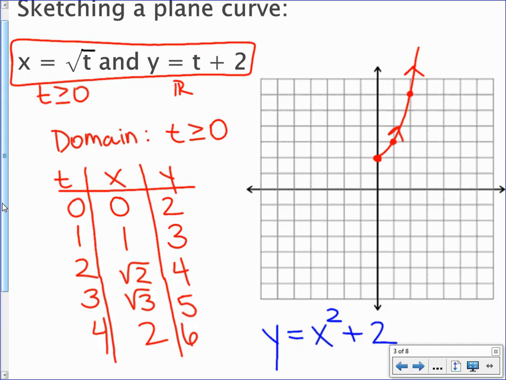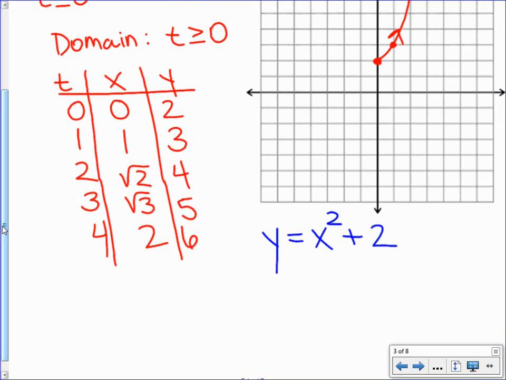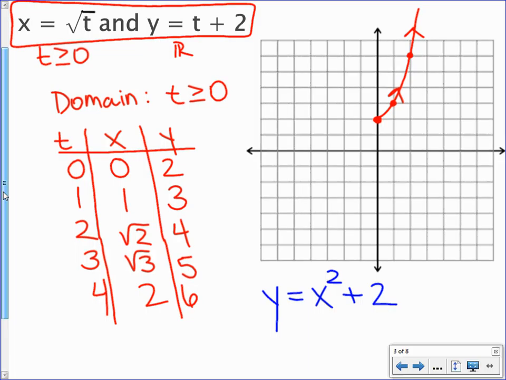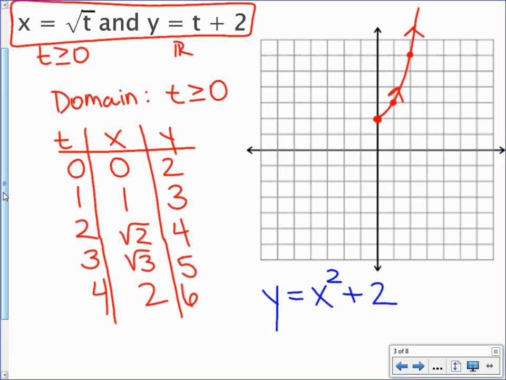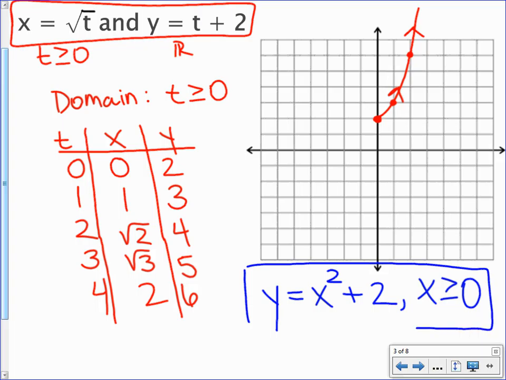So what would we have to write next to this? What is our restriction on the graph in terms of our x values? Okay, then that's what we need to write. X is greater than or equal to 0.